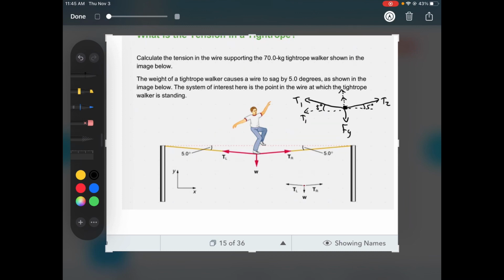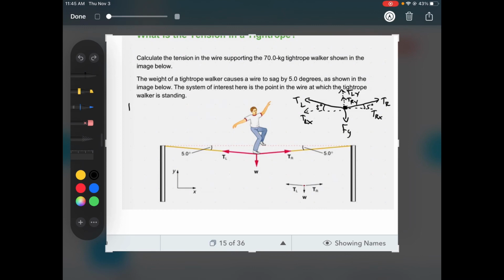So these are TL and TR, and those are in the x direction, TLX, TRX. And then going up, we have TLY and TRY. Those two are going to combine together to counteract the weight.